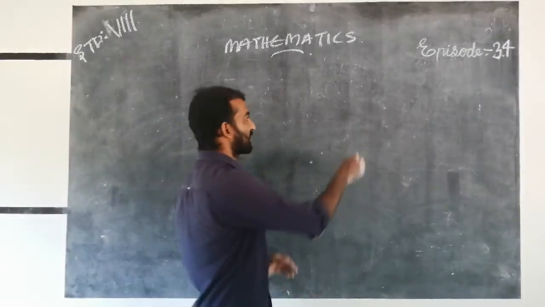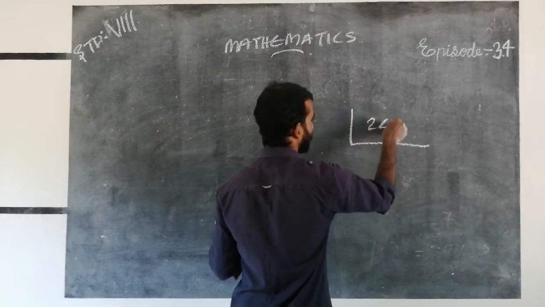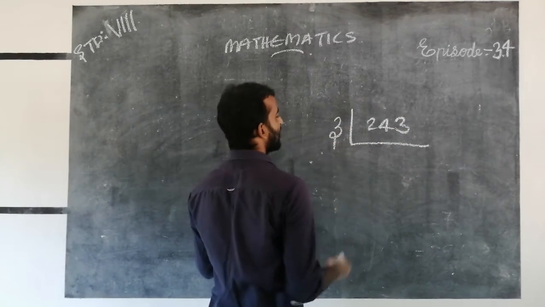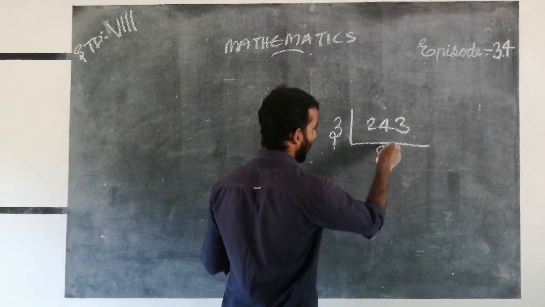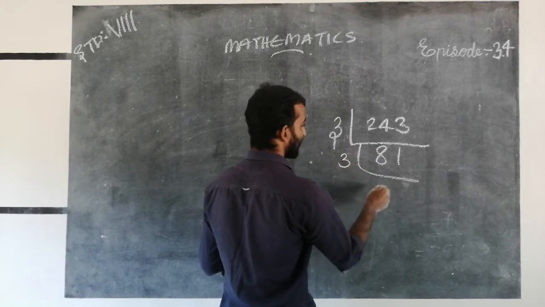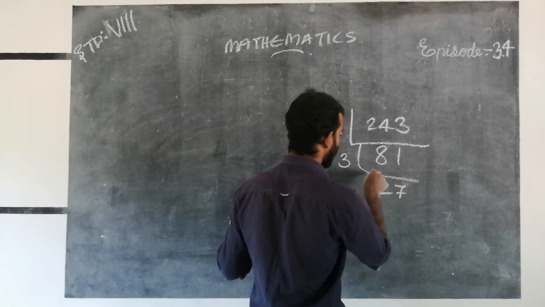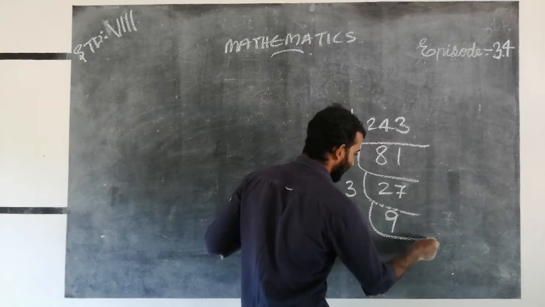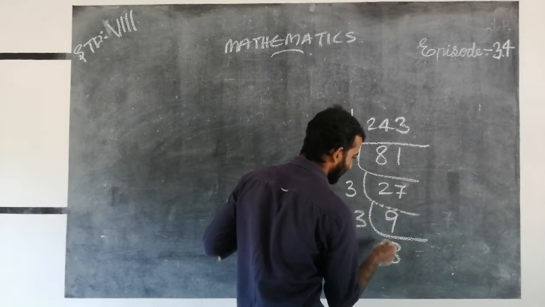We take 3 and we get 81, 3 and we get 27, and 3 we get 9, and 3 we get 3.